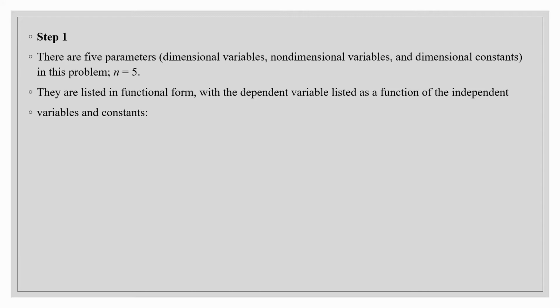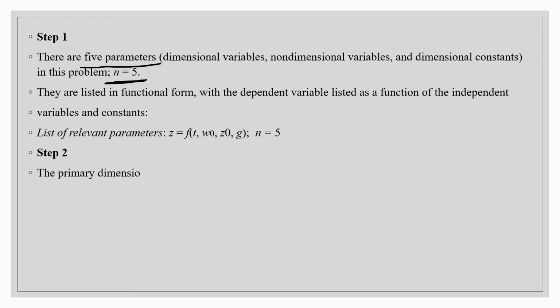So now we will see how we can use the Buckingham pi principle to get a relationship among the variables. It is obvious that there are 5 parameters, so n will be equal to 5. Now we have to find the primary dimensions of the parameters.